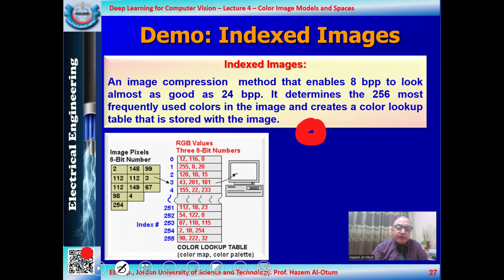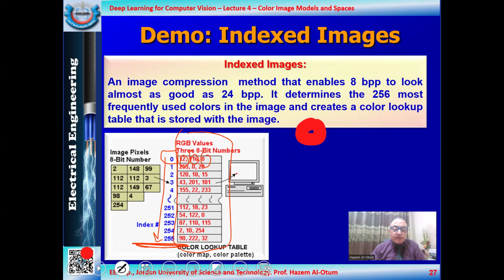Now, after ordering the matrix in this form, here we have RGB components. We give the index of 0 for the first one that has the highest repetition of the 256 indices, and sort it in this way down to number 255, where we have the 256 most frequent repetitions in this image.